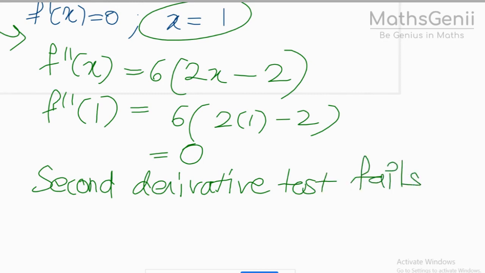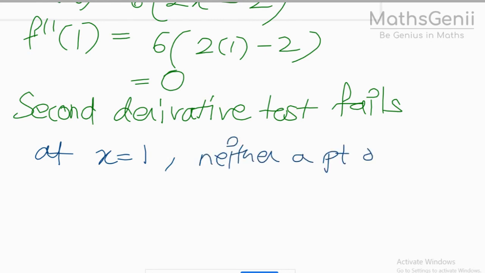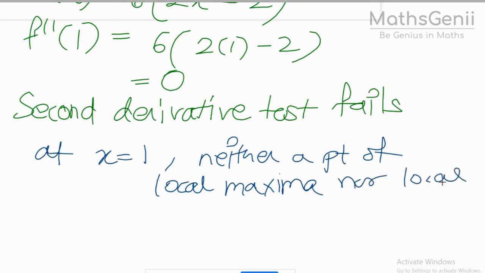Second derivative test fails. So what we can say is, at x is equal to 1, it is neither a point of local maxima nor local minima.